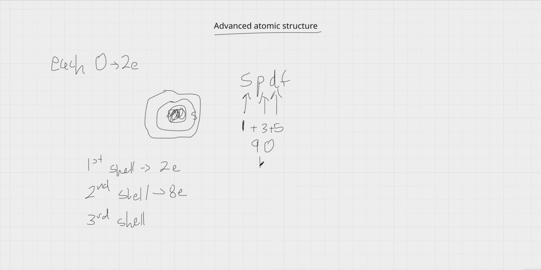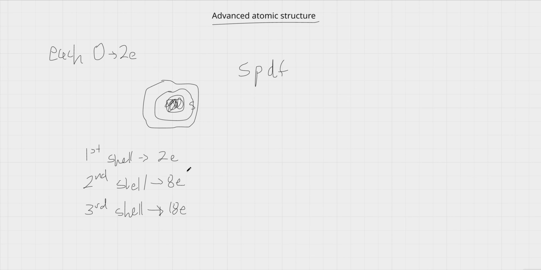So it can hold 18 electrons. Now notice I'm saying it can hold 18 electrons, because in real life, you can think of these electrons as being people. They don't like being too close to each other. So instead of fully filling up one shell, they sometimes might go to another new shell first.